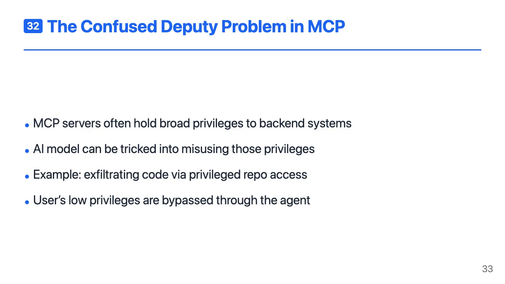The server checks its own permissions, not the user's, and happily complies. The result is privilege escalation and data exfiltration without any direct breach of the repository itself. This illustrates why identity propagation and per-user authorization are so critical in MCP-based systems.